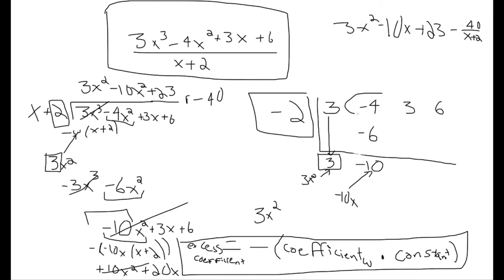So this negative 4 represents negative 4x squared, we know. So this is just going to represent negative 10x, because the exponent on its variable is going to be 1 less than the exponent on the variable of the term it's getting rid of.